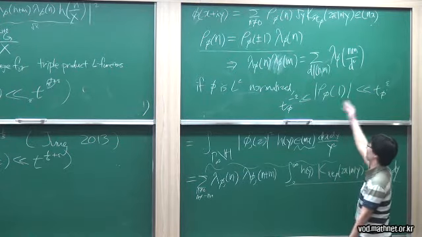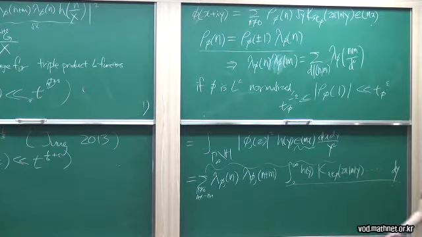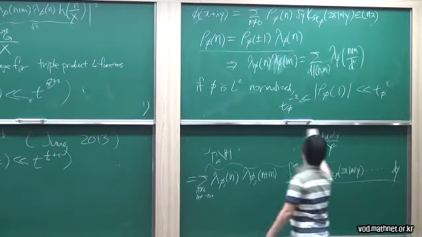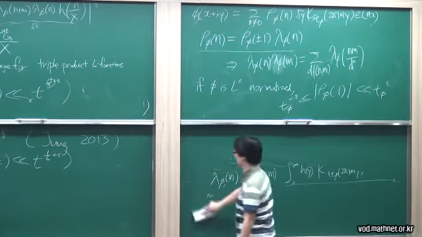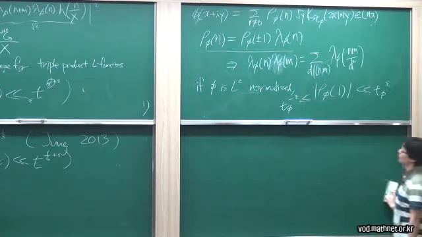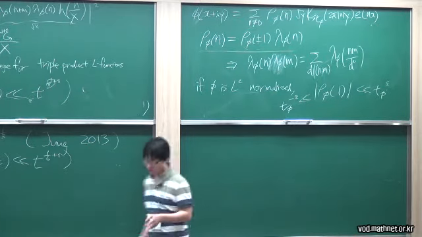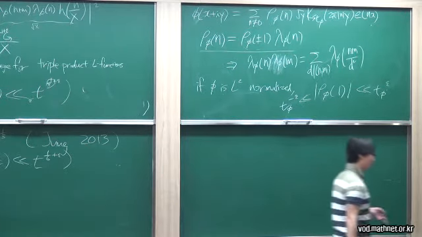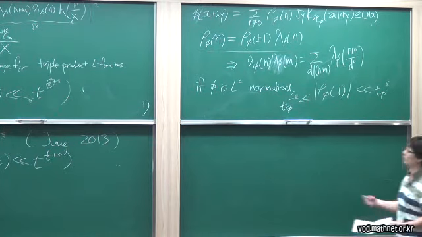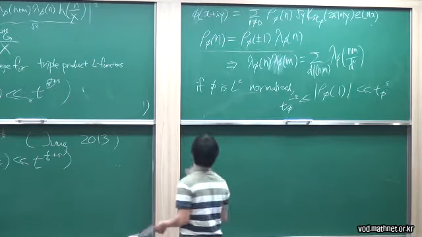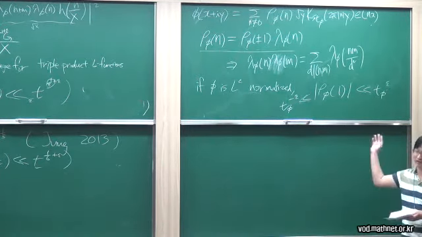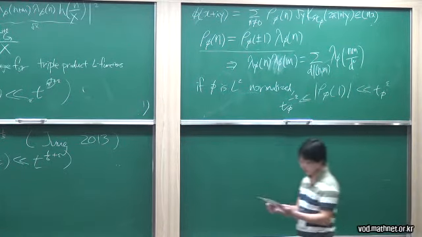So you don't really have to care about the choice of normalization. So these are the two main ingredients in studying Maass-Hecke-Kost forms, and every other technique can be derived from these two. So these two really are the central techniques.